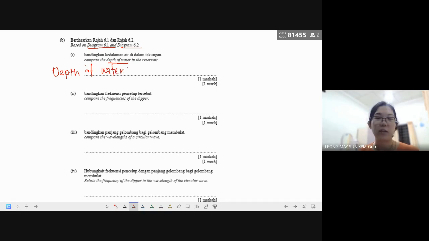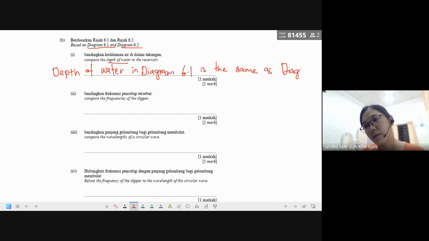Depth of water is sufficient. Depth of water in diagram 6.1 is the same as diagram 6.2.